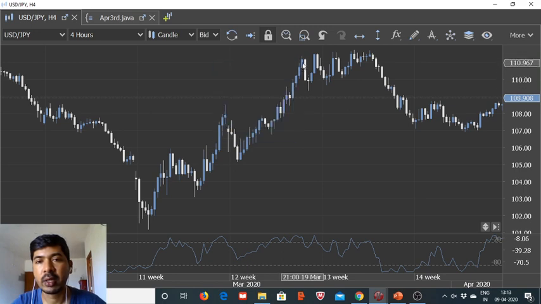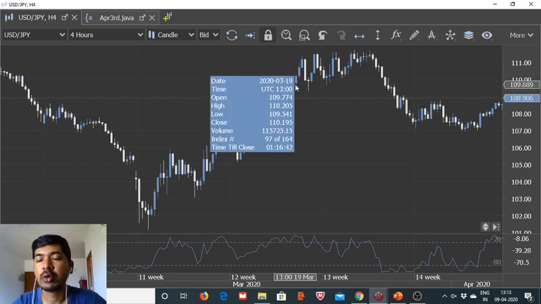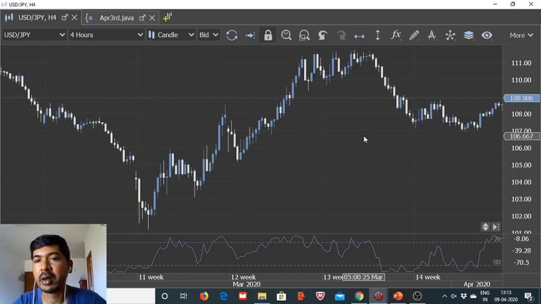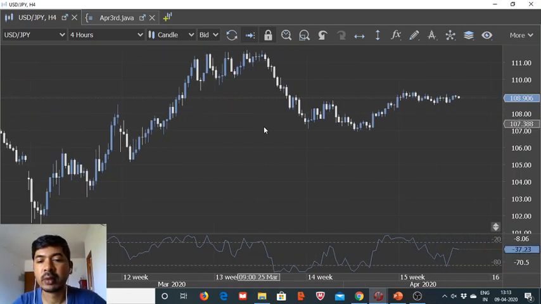So what we do, we deduct the candle open of the candle with shift 5 from the candle close of the candle with shift 2, and this value should be more than the ATR. So that is for the sell trade.